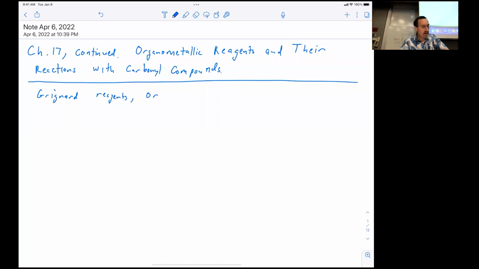Another class of organometallic reagents, a biggie, is organolithium compounds. We've already seen, both in the earlier lecture and even in chapter 11, metal acetylides, and we'll take a look at them again.